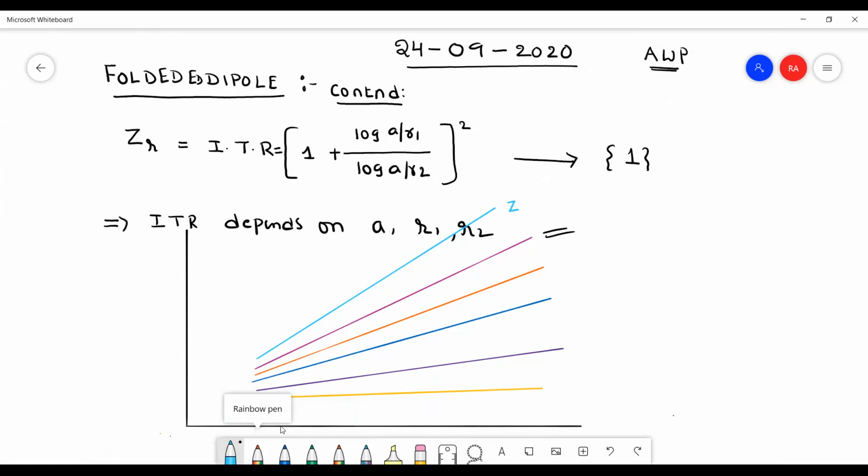So this is the value, that is ZR equals 9. Then ZR equals 8, ZR equals 7, ZR equals 6, ZR equals 5, ZR equals 4.